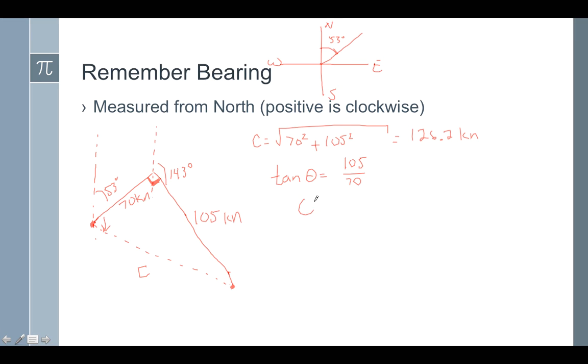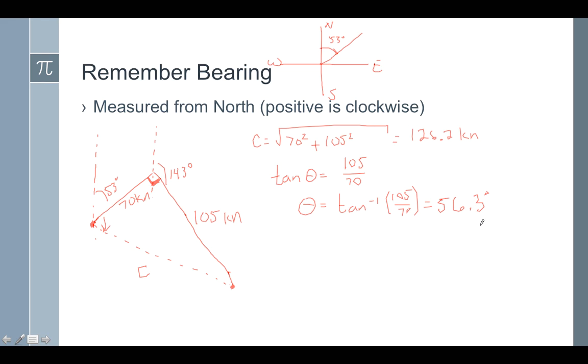But in order to solve for theta, guess what? We have to use our new friend, tangent inverse of 105 over 70, which gets me 56.3.